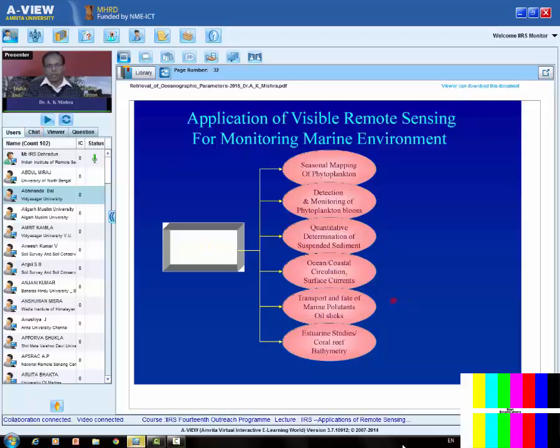Transport and fate of marine pollutants and oil slicks can also be monitored, and studies like coral reefs, bathymetry, etc. can be carried out using high resolution data. If hyperspectral data in high resolution is available, it will be nicely utilized to study coral reef and bathymetry.